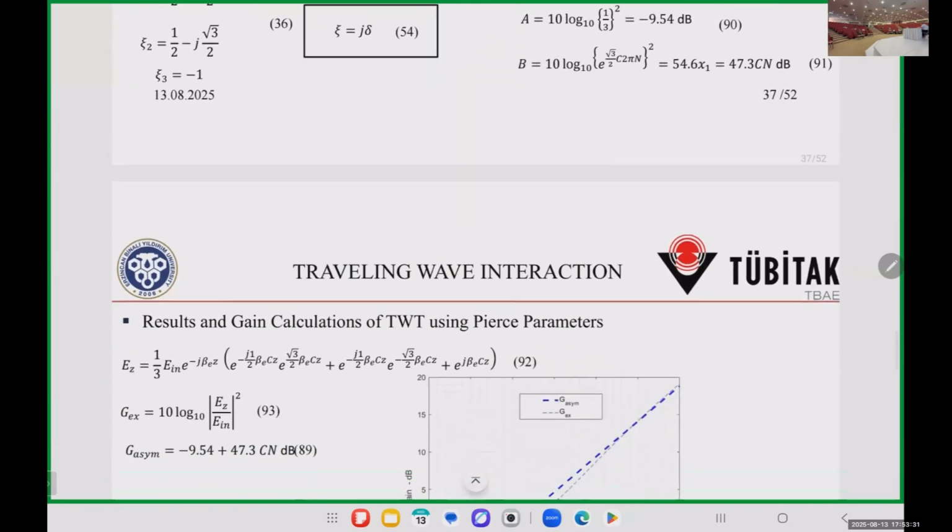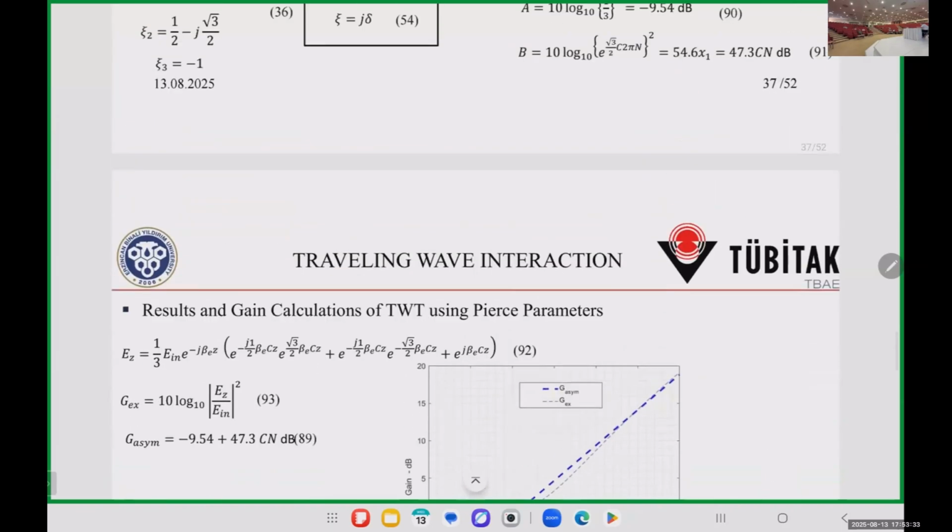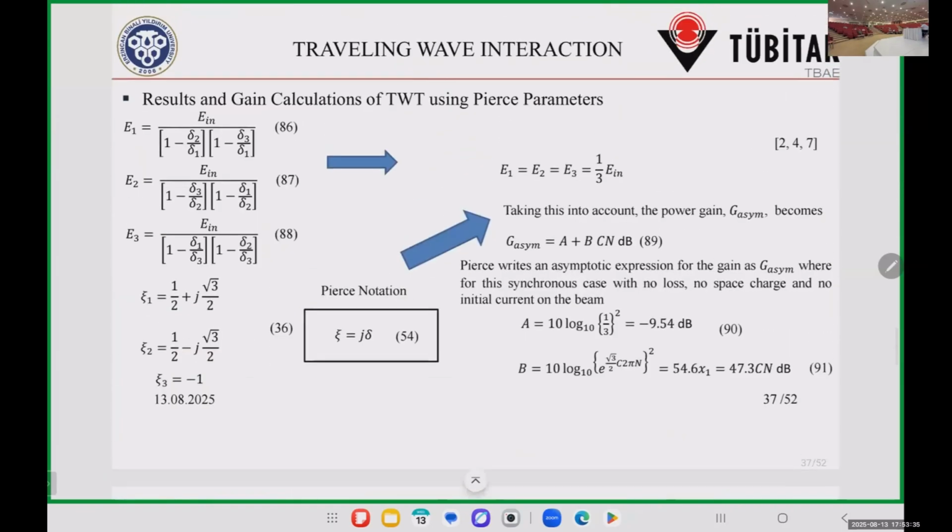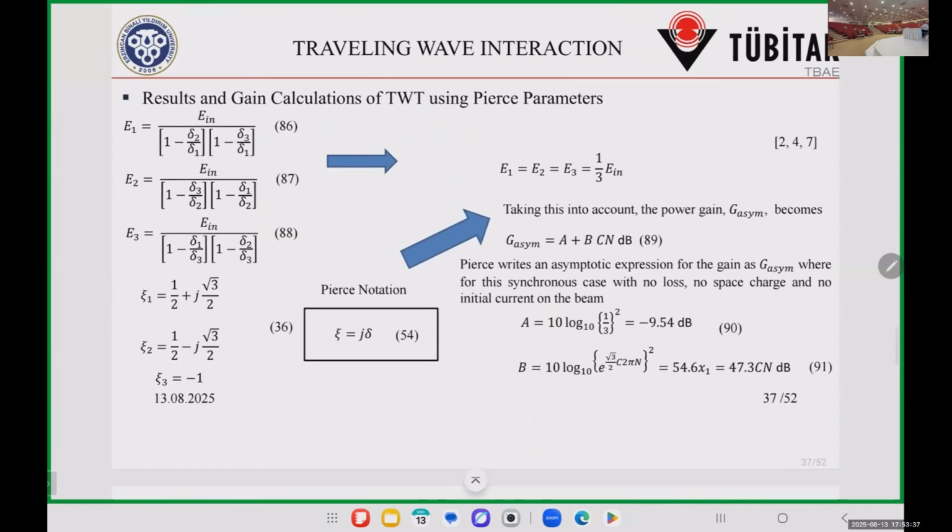So we can say here at the initial case of this traveling wave tube, we have initial loss here.